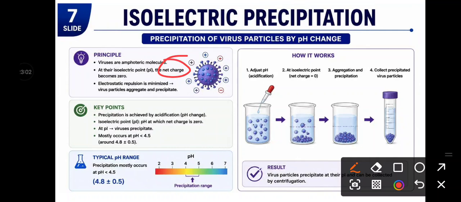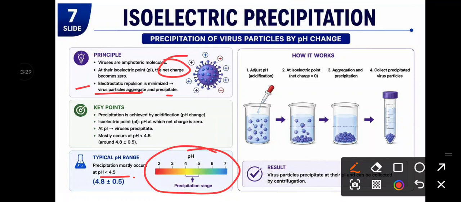By this zero charge, the electrostatic repulsion between the virus particles will be minimized and the virus becomes aggregated and precipitates at the isoelectric point. And that isoelectric point for most of the viruses ranges from 4 to 5, mostly less than 4.8.